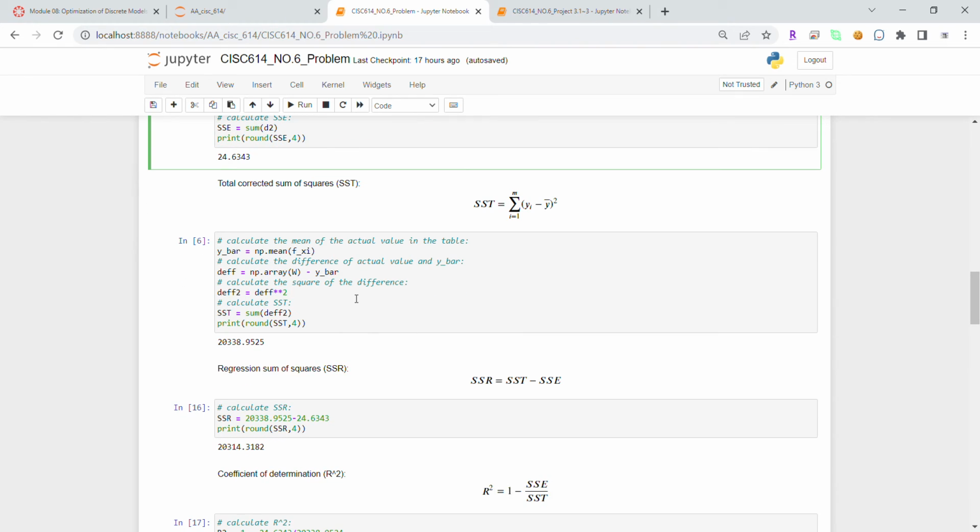Then we calculated the regression sum of squares, which is the subtraction of SST and SSE.